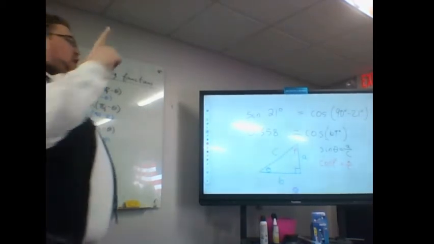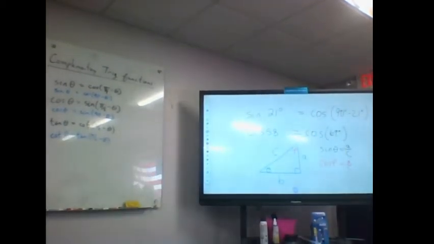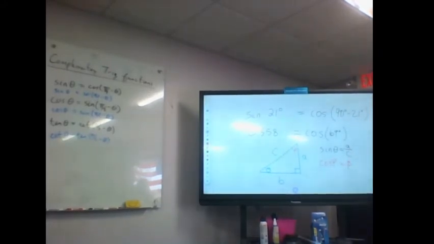This is also visible on the unit circle. It's easiest in this first quadrant to see, but it does work for other ones as well. The sine value is equivalent to 90 minus the angle. So look over here. At 30 degrees, remember the sine value is the second number, so that'd be 1/2. But if I take 90 minus 30, I would get 60 degrees.